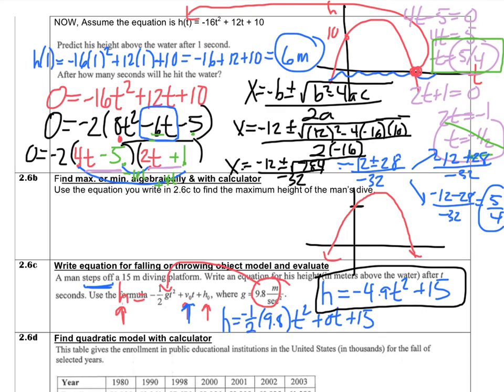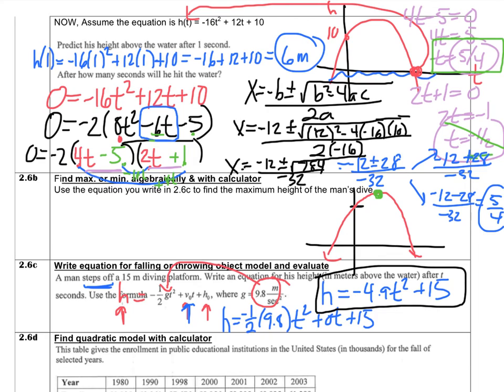Now, if we look at part B here, they want us to find the max or min algebraically and with a calculator. So use the equation from 2.6c to find the maximum height. The maximum height we see here happens right there. So what you can do is go into your calculator. You're going to type the equation under y equals, and then graph it.